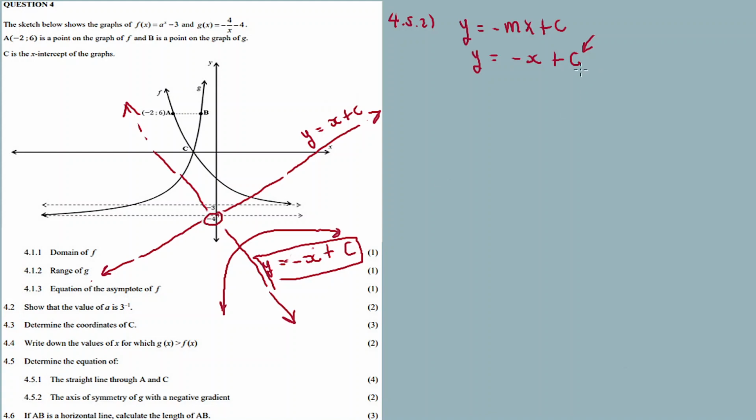So here it will be y equals minus x minus 4, right? Minus 4. So your c is always the y-intercept for a straight line. The c is represented by the y-intercept.